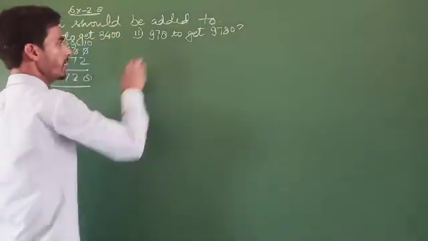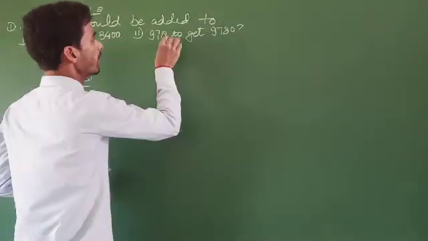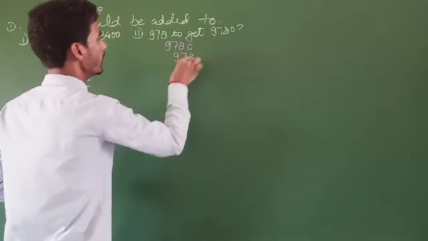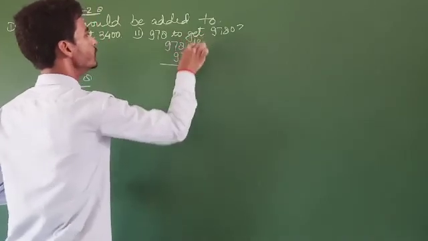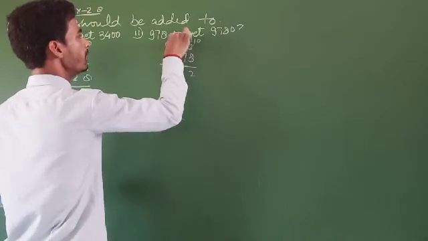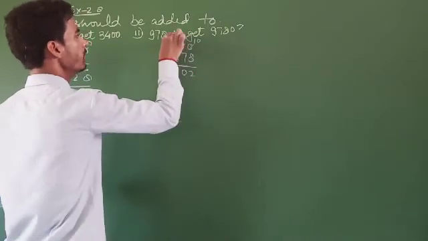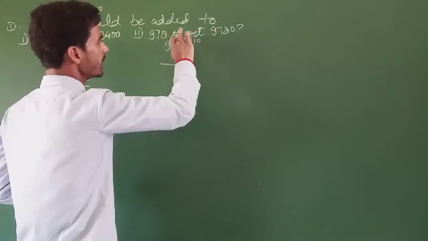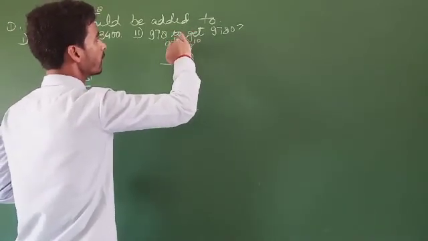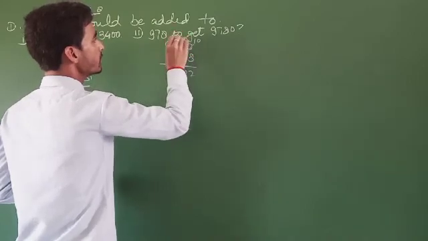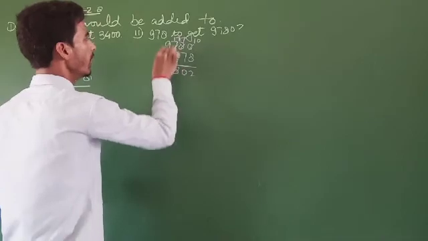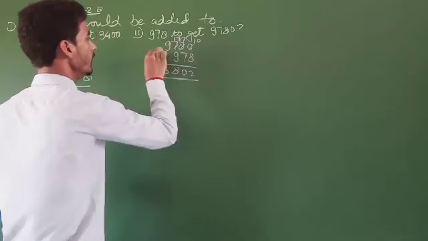So let's subtract it. 9780 minus 978. 10 minus 8, 2. 7 minus 7, 0. And 17 minus 9, 8. And here will be 8802.